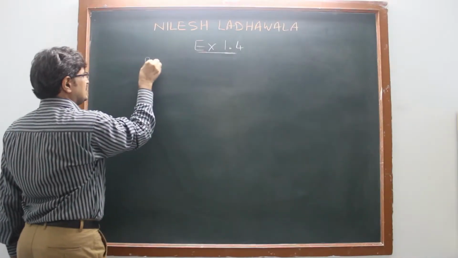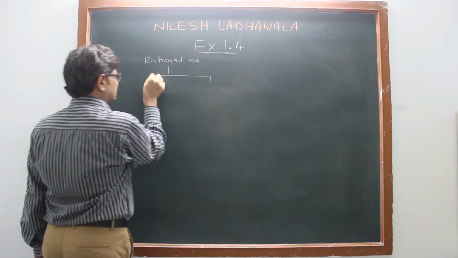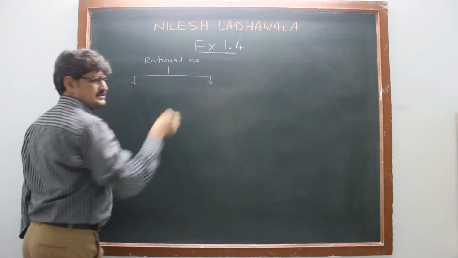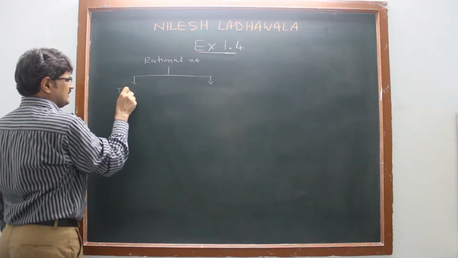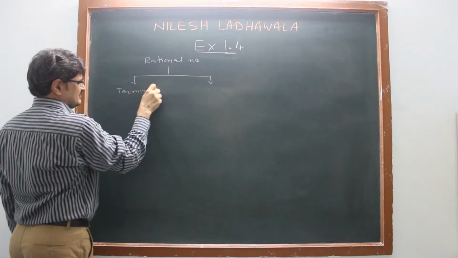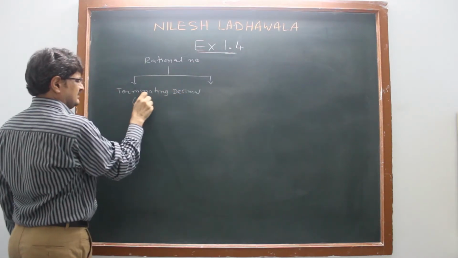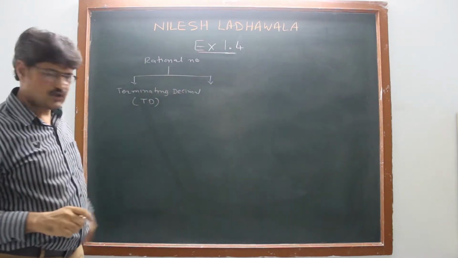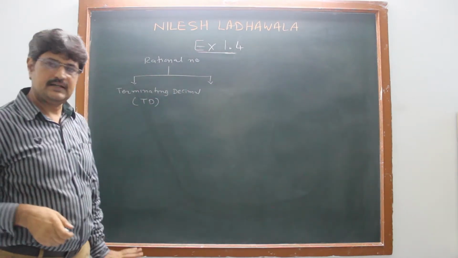So if you write the decimal expansion of any rational number, it may be a terminating decimal. I will write it as TD in short. So whenever I write TD, you have to assume that it is a terminating decimal.